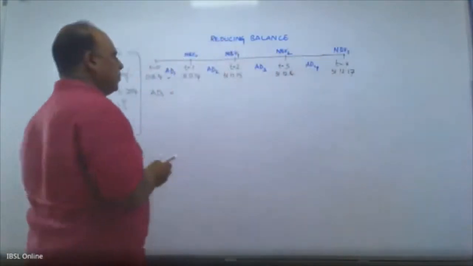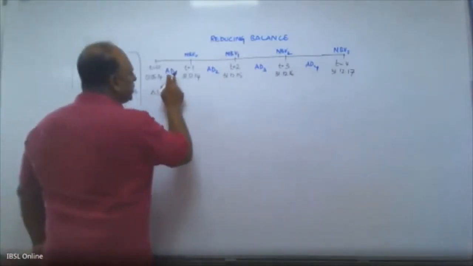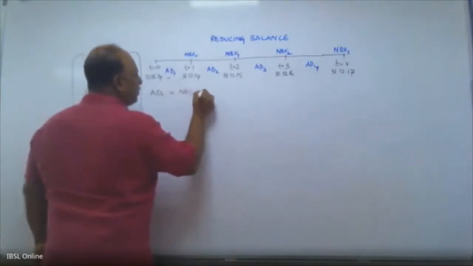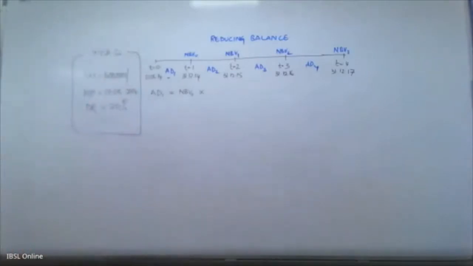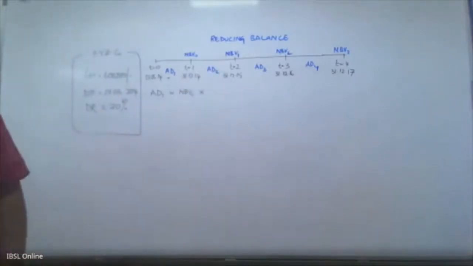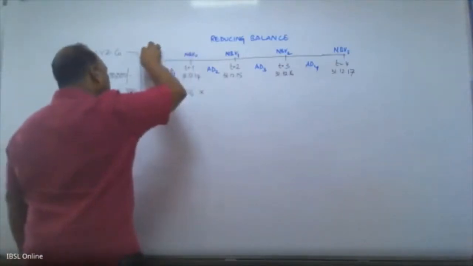Okay, so when I calculate the accumulated depreciation 1, my net book value 0 into, what does the definition say? It is a fixed percentage of the reducing balance. Go back to the definition and see. Earlier it was the depreciable amount. Now here they are talking about you take the net book value of the previous year and apply the fixed percentage.